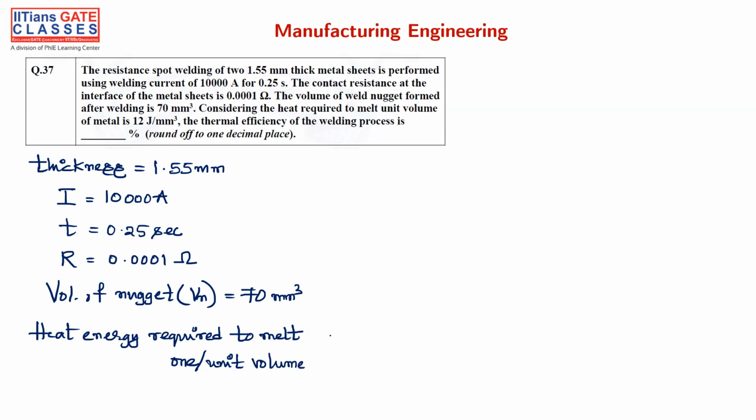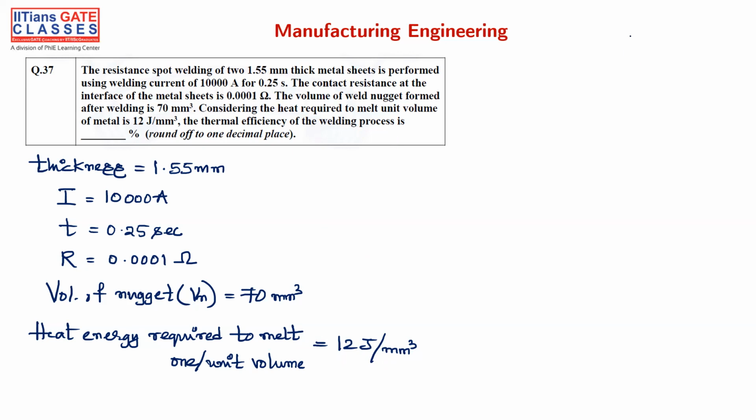He's saying it is 12 joule per mm cube. For 1 mm cube of volume, he needs 12 joules of heat energy to melt, right? So he's asking what is the thermal efficiency of the welding process.